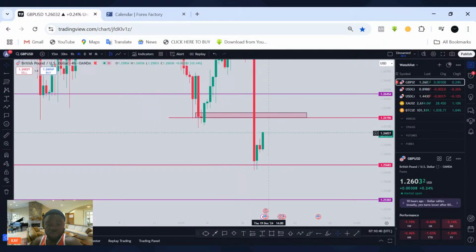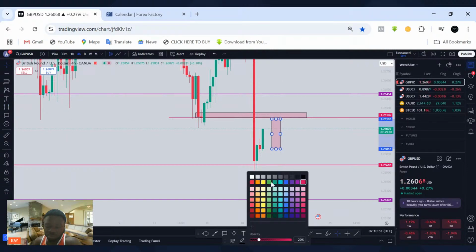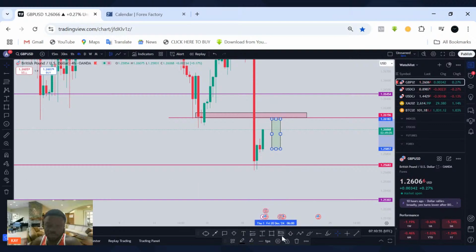So what you are going to wait for is what? Wait for the H4 candle to close on this level. Wait for price to close on this level.